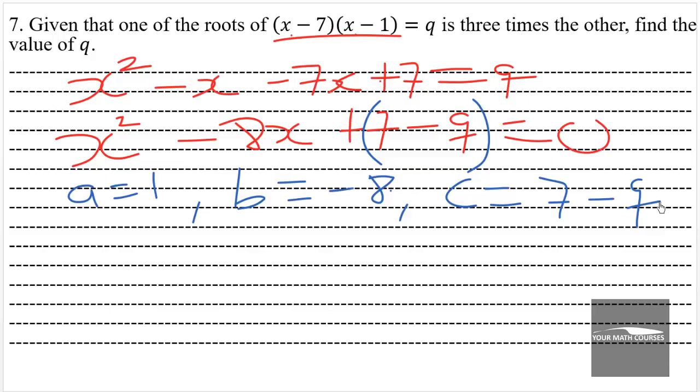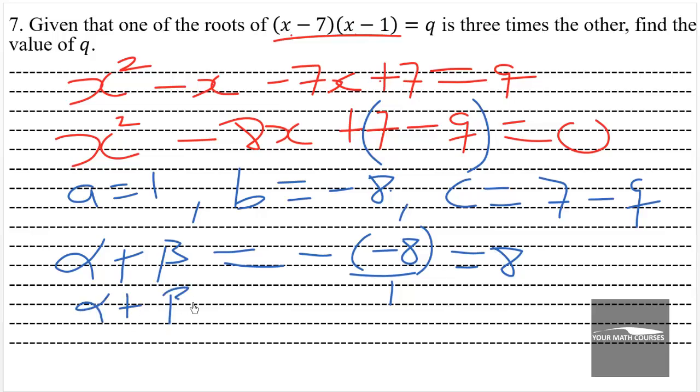So if that is the case, if one of the roots is alpha and the other one is beta, then alpha plus beta is equal to minus b over a, which is minus of negative 8 over 1, and that will give us 8. So we have one equation: alpha plus beta is equal to 8.